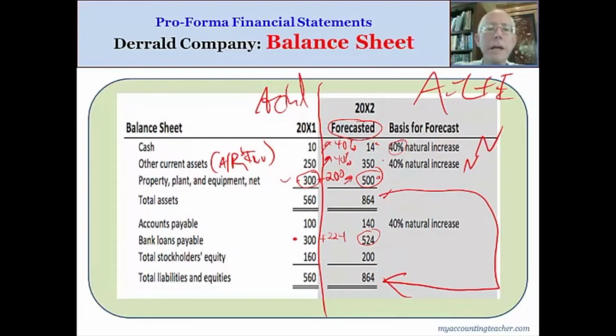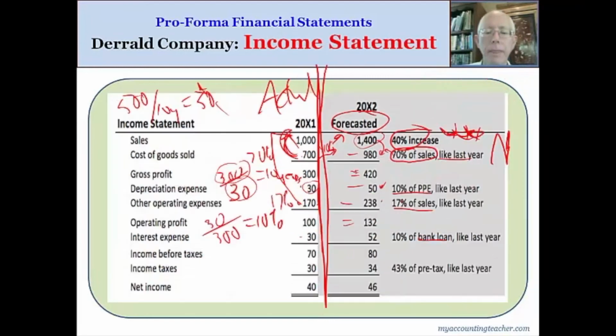Well, I'm going to do that calculation over here. If I've got $524 in loans and the interest rate is 10%, it looks like my interest ought to be about $52. $52.4 to be exact, but let's leave off the 0.4 and we'll just go with the 52. So my interest expense should go up to 52, 10% of the bank loan.